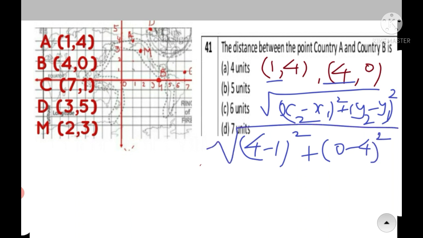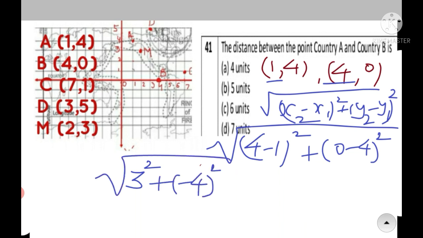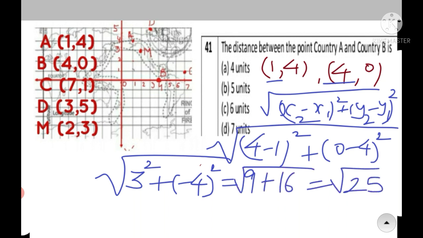On solving, this gives me the square root of 3 square plus (minus 4) square, which is the square root of 9 plus 16, or root of 25. So clearly 5 units is the answer and B is my right option.